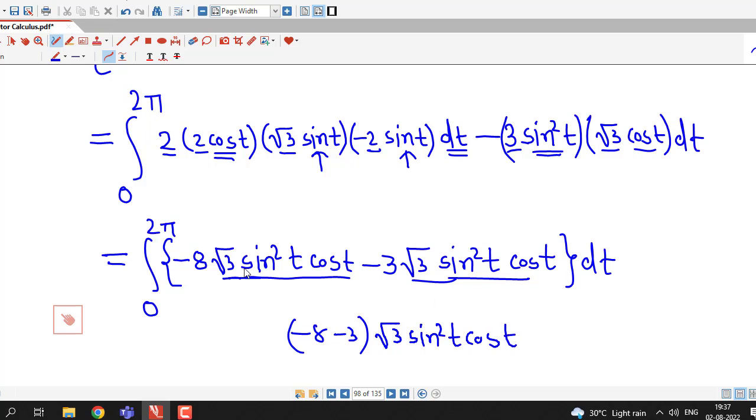If we take √3 sin² t cos t common, here we are left with minus 8, and here we are left with minus 3. So we will have minus 11√3 sin² t cos t.